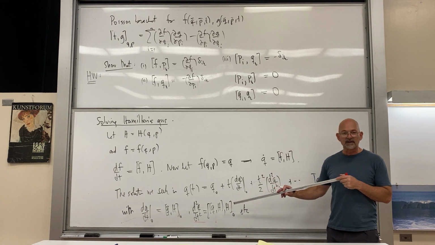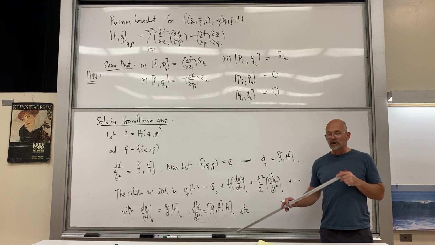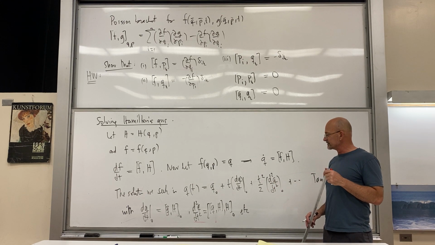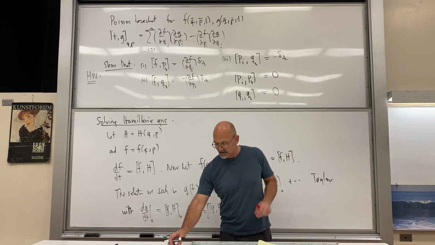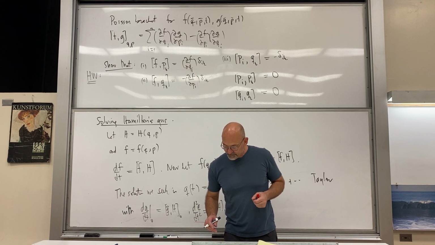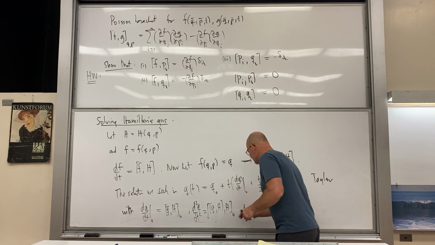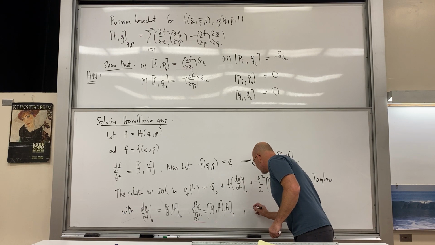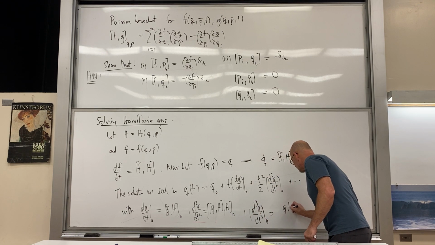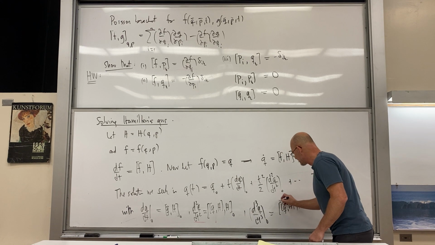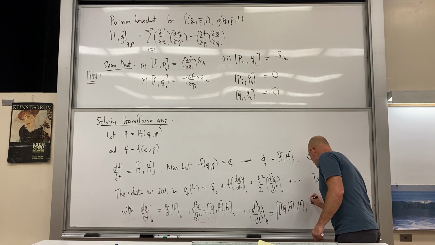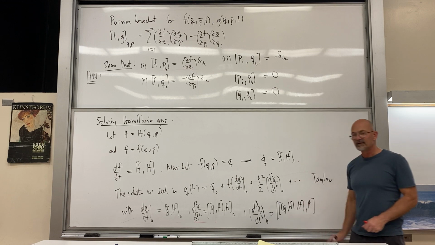And it looks like it could get a little complicated, but there are cases where this works really nicely. So we'll write down the third one just to make sure we see what's going on here. The third derivative is going to be this bracket of q with H, bracketed with H again, and so forth.